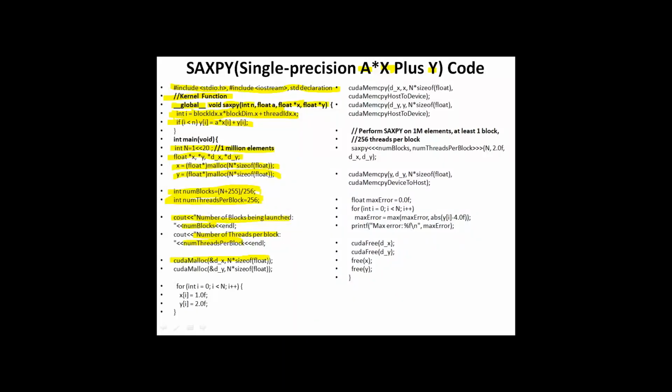We have called the function cudaMalloc to allocate the memory on the device, cudaMalloc for d_x and d_y. Then we are initializing the values of x and y by this simple loop.